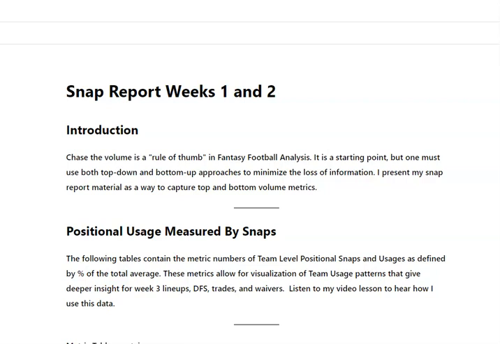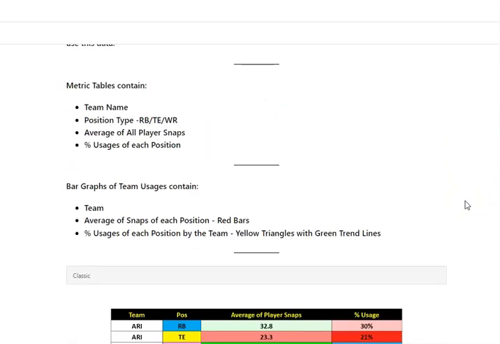And I do this in order to have the table and then the bar graph, a combo visual that you can look at to help you for lineups, trades, daily fantasy sports plays, tournaments, waivers.